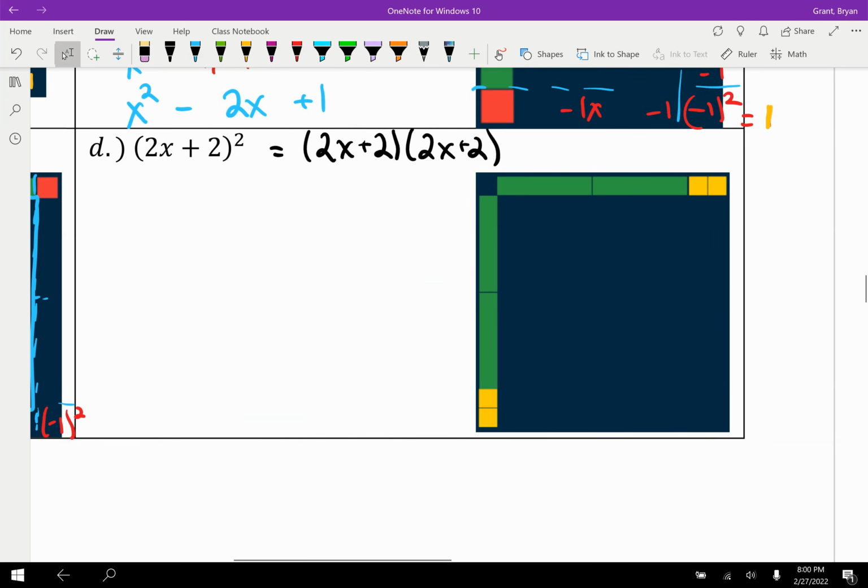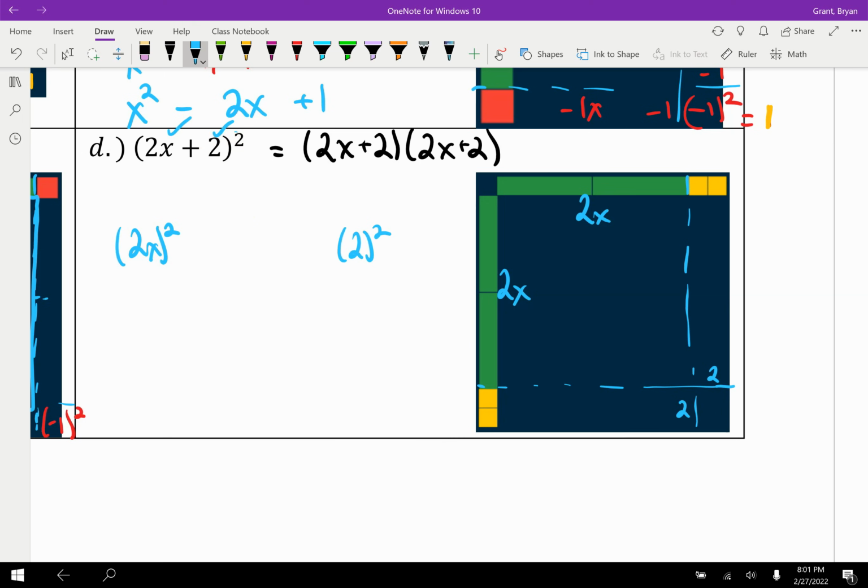Once more, just for fun, stick to that blue. So something like this. And over here, okay, we know the inside of the square is 2x and 2x. So I know that if we think about this square, I'm not really distributing, but we know there is going to be a 2x squared in there. We also know that this 2 here is going to create a 2 by 2 square at the bottom right. And so I can actually know that this is going to end in 2 squared. That kind of takes care of the 2 there.